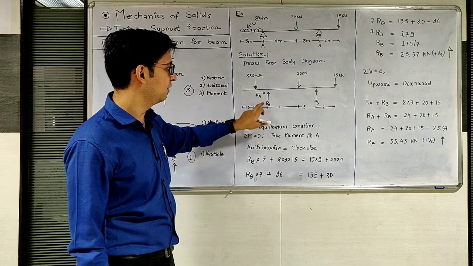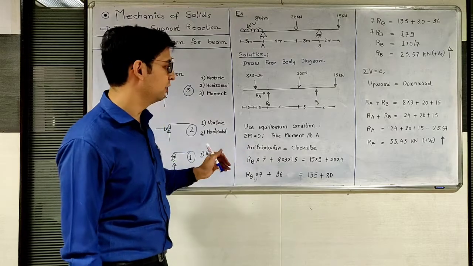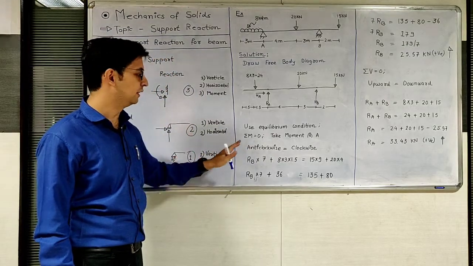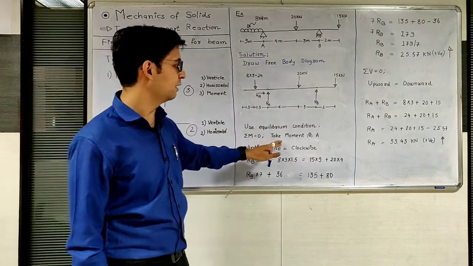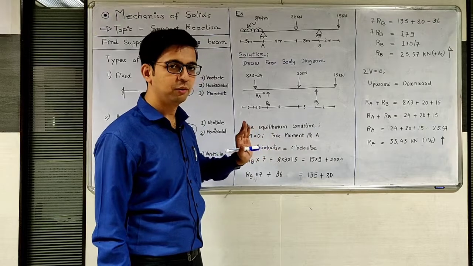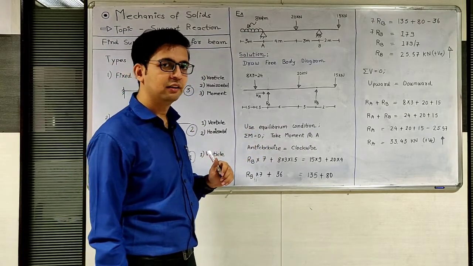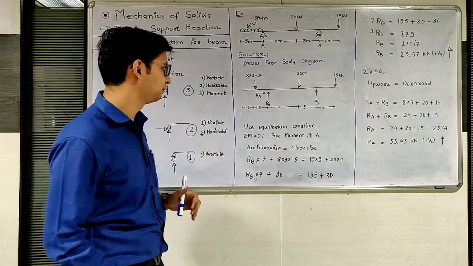So you have to calculate the values of RA and RB. For calculation of support reactions, use the equilibrium conditions. First use sigma M equal to 0 and take moment about support A. For calculation of moment, you need the direction, like anti-clockwise moment or clockwise moment.